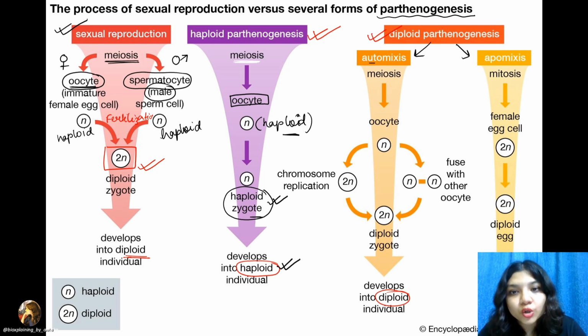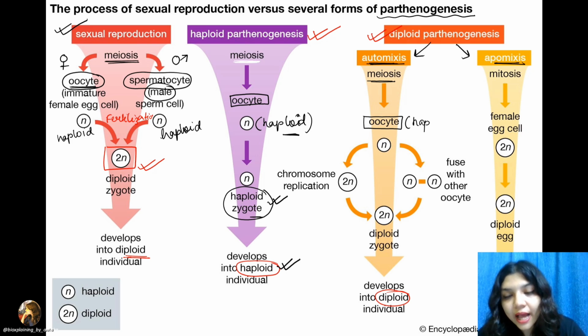One is automixis, one is apomixis. Automixis क्या है कि first meiosis will happen, oocyte is being formed. By now क्या पता चल गया कि oocyte haploid है ना? So then what will happen is this oocyte will undergo what? It will fuse with another oocyte.